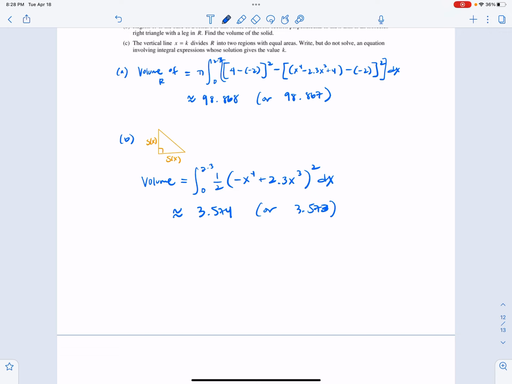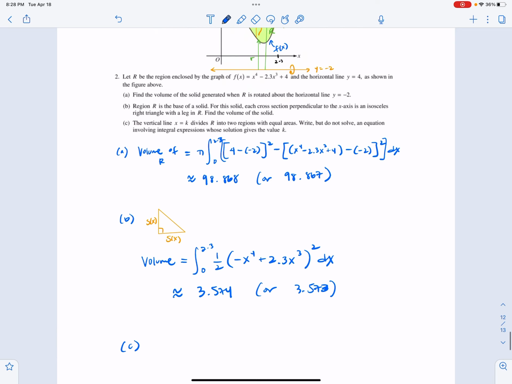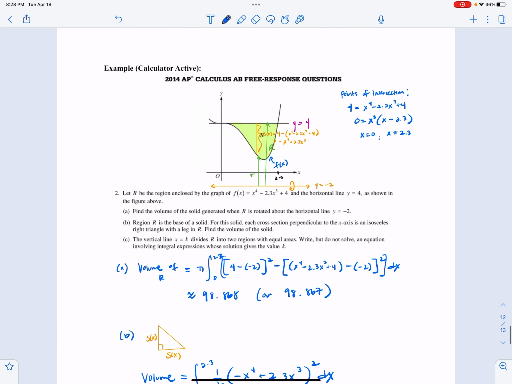Part C tricked me at first. Vertical line, x equals k, divides R into two regions with equal areas. Write but do not solve an equation involving integral expressions whose solution gives the value of k.